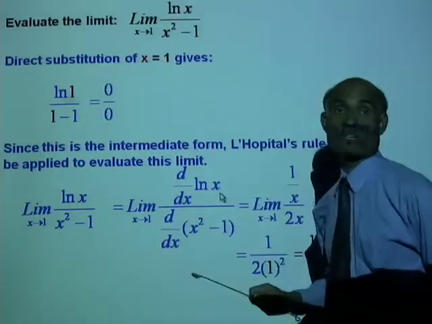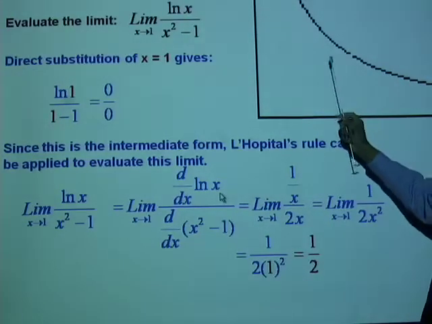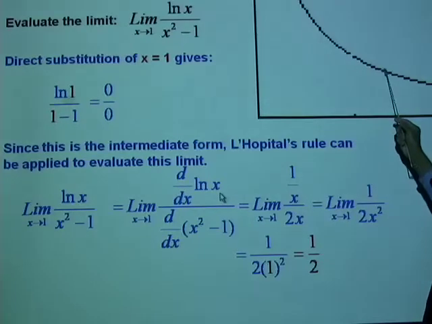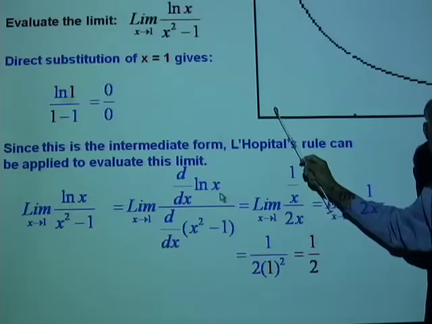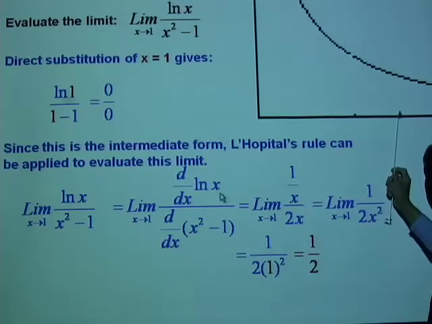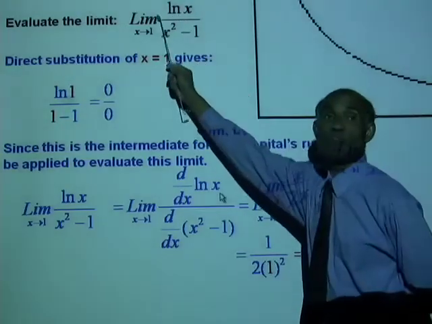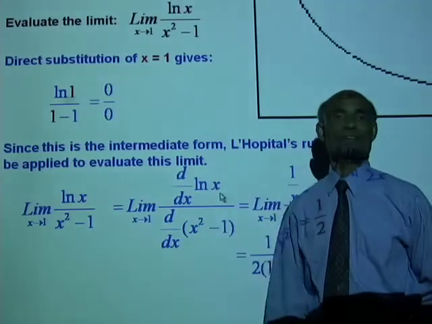Alright, try that graphically and see if you can get it. This is the graph of ln x divided by x squared minus 1. Now watch what happens when x approaches 1 from the left and x approaches 1 from the right. You notice here that this function is not defined for x equal to 1.